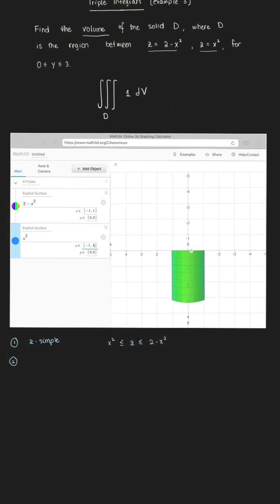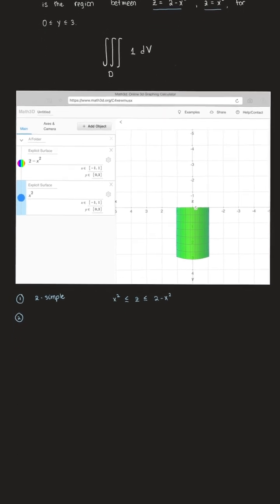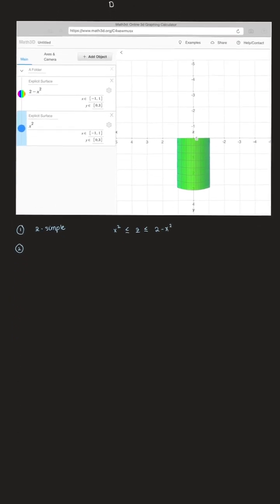So another way that we could do it is algebraically find the intersection between our two surfaces. So for our R2 simple region, we're guessing here that x is between -1 and 1 and y is between 0 and 3. We already know y is between 0 and 3 because that was provided to us. Let's make sure that x is between -1 and 1 and not just depend on our diagram.